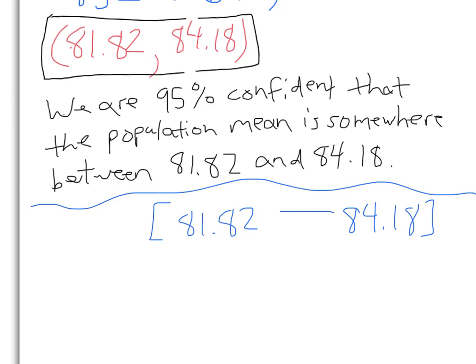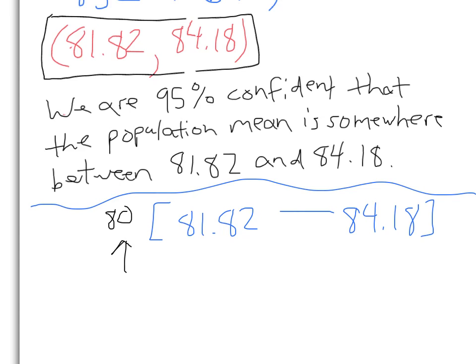If you think about our hypothesized value, which is 80, it falls on the outside. Out here is 80. Since it does not show up inside the confidence interval, there's not enough evidence to suggest it's 80. So we could use a confidence interval to do our hypothesis testing.